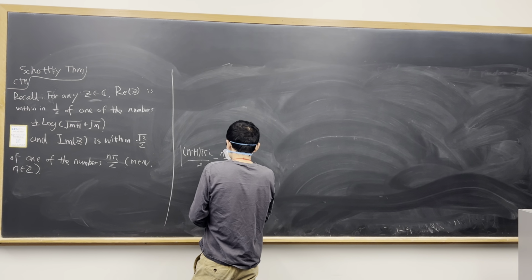So then if you take any imaginary part, because the difference is less than square root of 3, it's consecutively going to infinity, negative infinity.